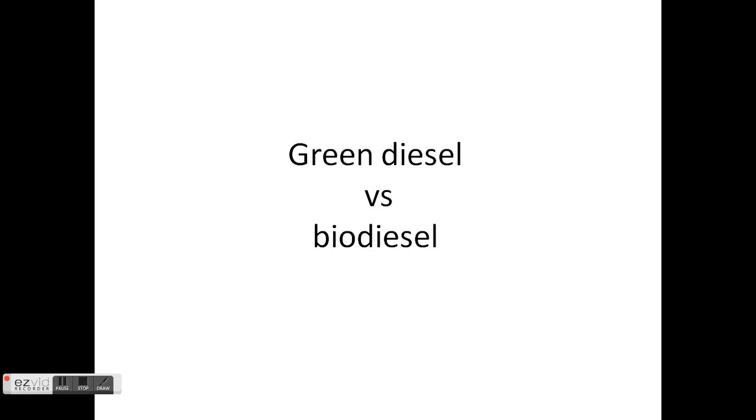And so the less comparable will be the biodiesel. Biodiesel is produced through transesterification, which is more like an exchange of functional groups. But we produce green diesel using basically hydrodeoxygenation, where we remove some oxygen and incorporate more hydrogen to increase the energy density and relatively the carbon content.